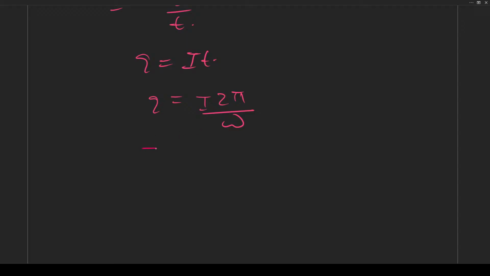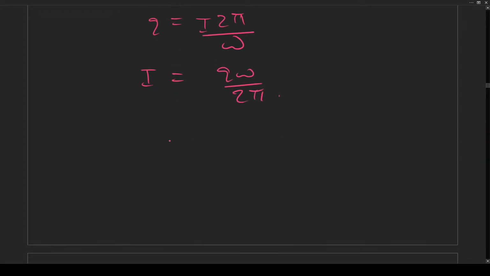Since we need I, we can write I which is equal to Q omega by 2 pi, and charge we can write as charge density, or we know charge by pi a square or r square is equal to the surface charge density.